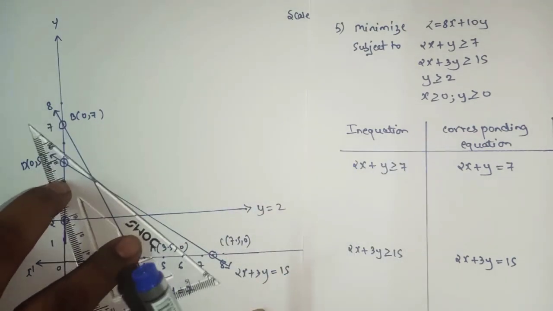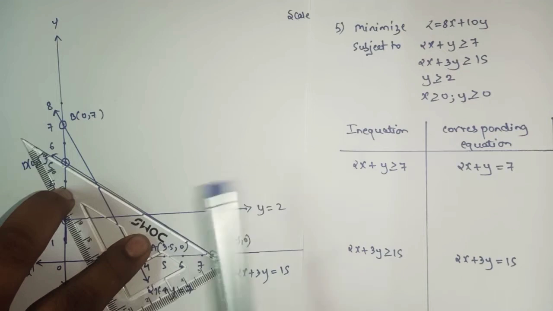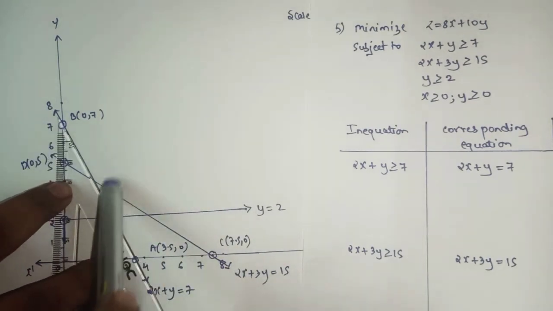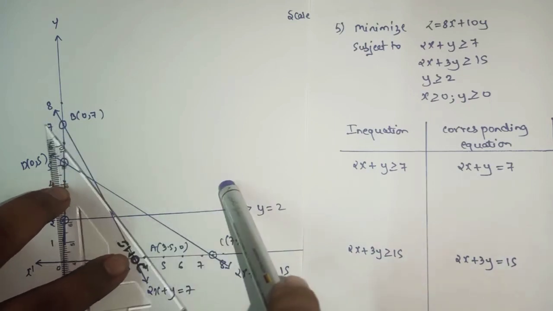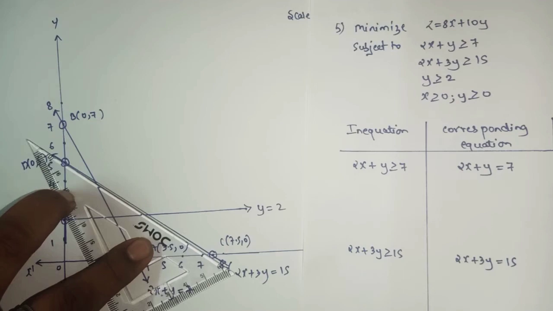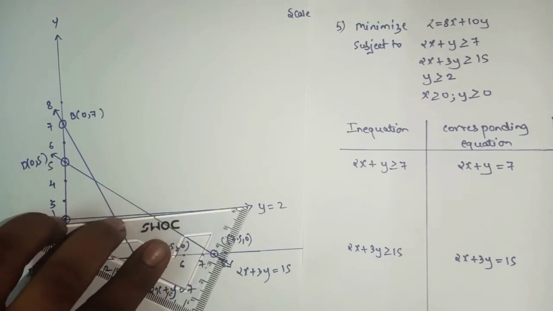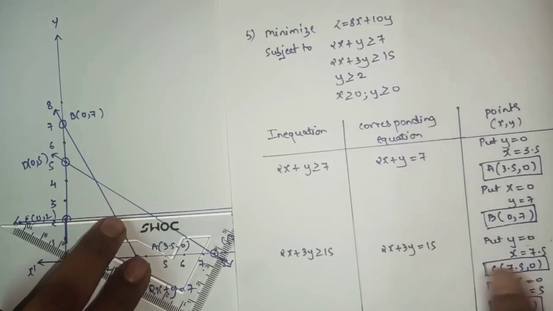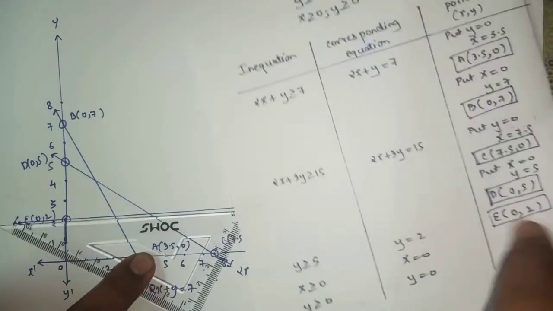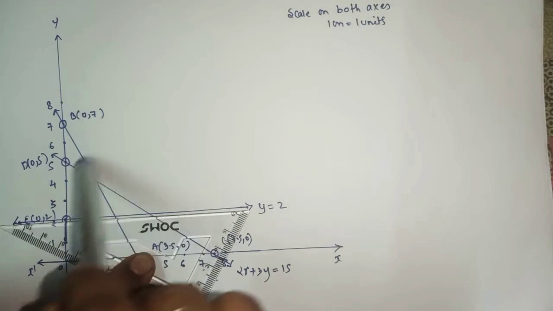For the second, it will cover this section, yes or no? For the first, this complete part. For this 2, and for this line it is greater than, that means outside, so this portion will come.